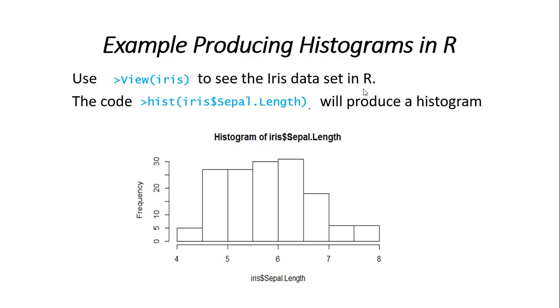If we want to produce a histogram, we could use the hist command, H-I-S-T, and then we enter our data set, iris, followed by a $, and then we have the variable name sepal.length. So this will produce a histogram that you see below. Straightforward histogram. The height of the bars represents the frequencies.